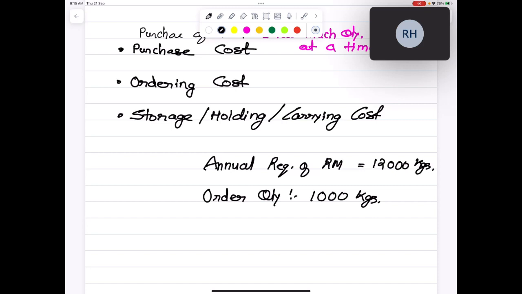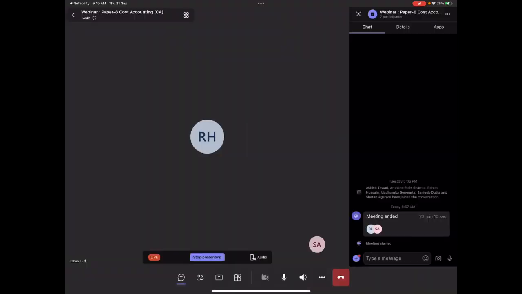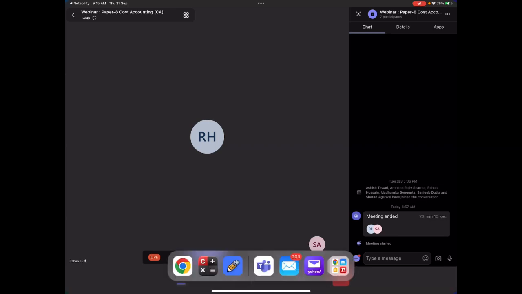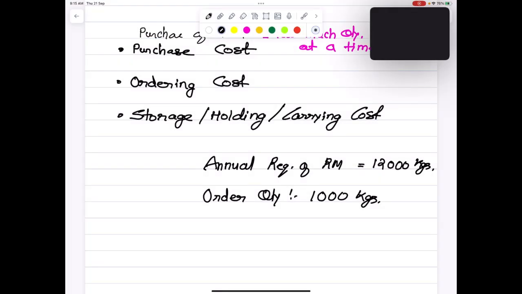Now tell me how many orders we have to place in a year so that the annual requirement of raw material can be purchased. Can you please tell me, my dear student, how many orders should be placed in a year so that 12,000 quantity can be purchased?